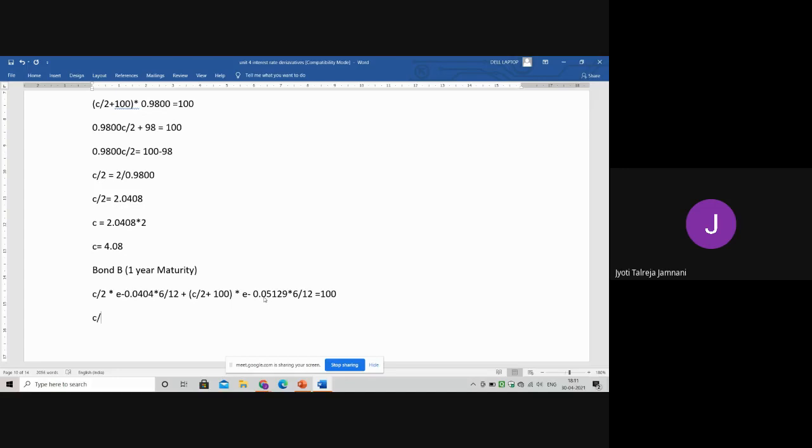It's equal to the face value, 100 rupees. For this, C by 2 into the first part you've solved, you have got 0.9800, plus C by 2 plus 100. Ma'am, it should be 12 by 12. Yeah, sorry. 1 year, so 12 by 12.